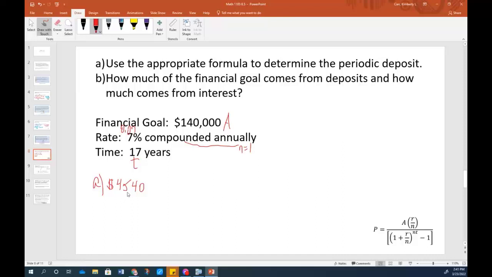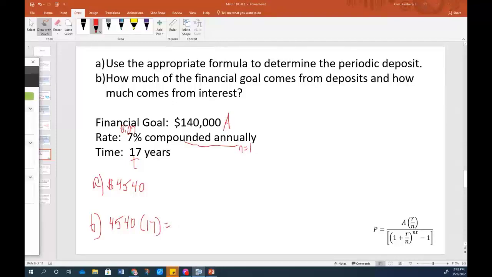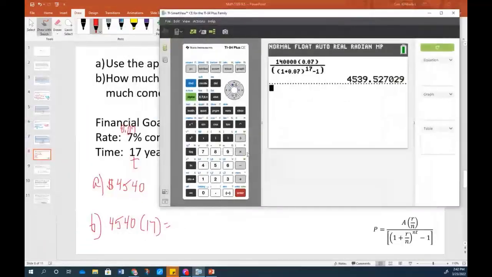Now, if we put $4,540 in there, and we do that at the end of each year, because we're only going to do it once a year for 17 years, how much of that comes from deposits? So on B, we can say, okay, we get out of $4,540, if we do that once a year for 17 years, how much of that will I get from deposits?